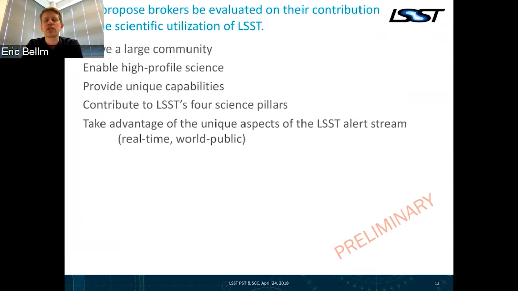Some factors you could consider here are the size of the community that's served, the importance of the science, if there are unique capabilities that a proposed broker was offering, and in particular in the context of LSST science pillars, as well as something that takes advantage of the unique aspects of the alert stream, namely that it's real-time and world public. So I think there are certain types of science that really require that, and so those are natural science cases for brokers to serve.